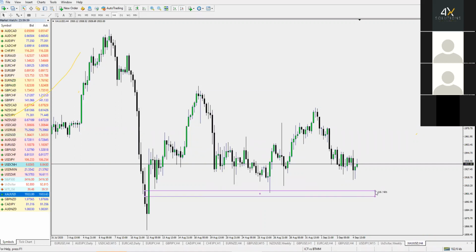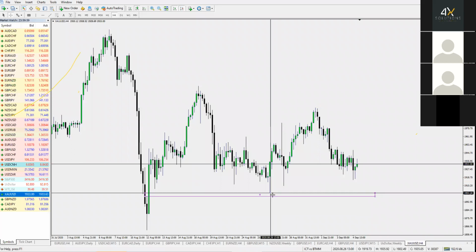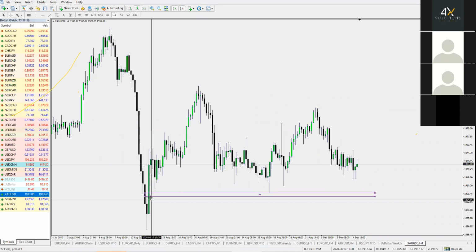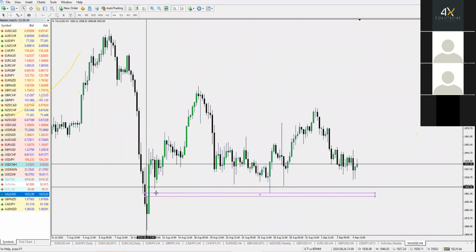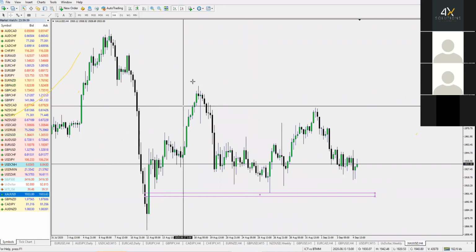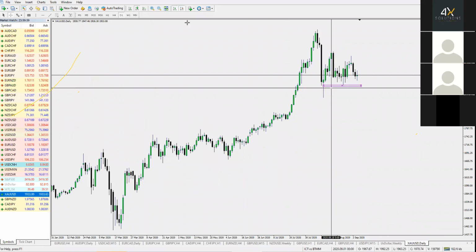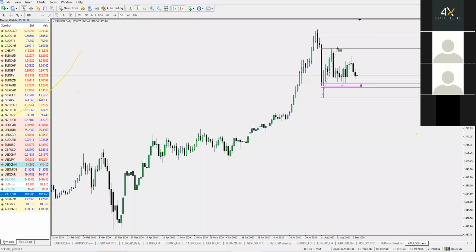So you can see that that wick over there, this one here, has closed most of that gap. However, it is still got some gap sitting over there. And if you measure on the daily for discount price and you want to buy, you'll see that that gap lines up with our sweet spot area of about 79%.